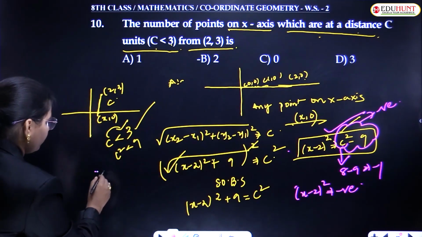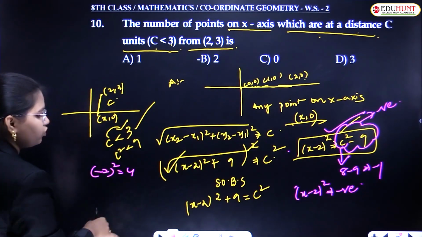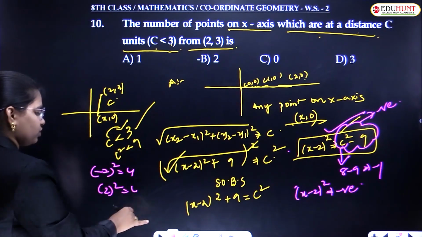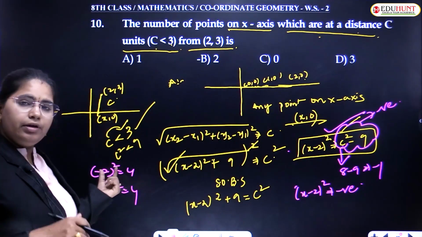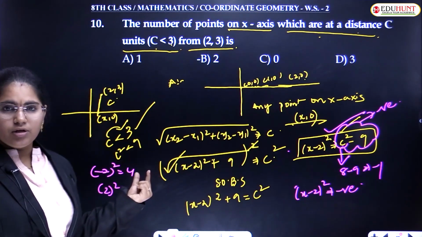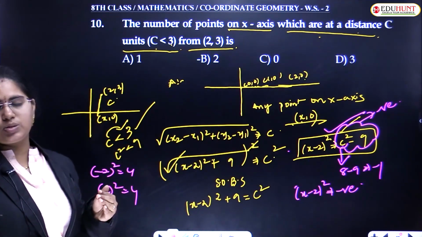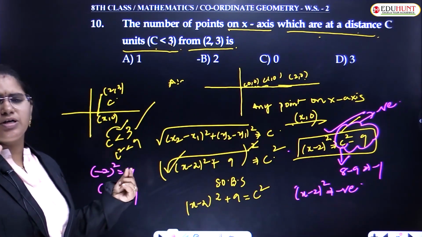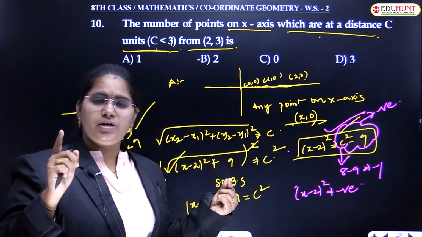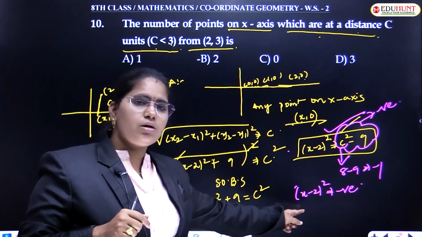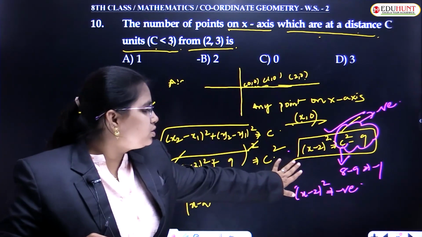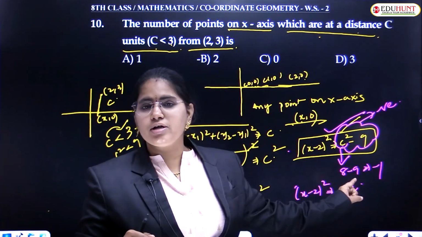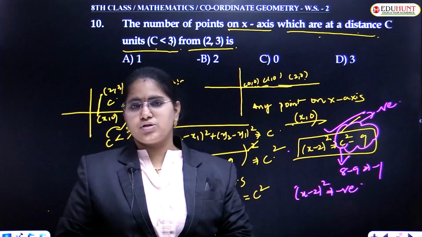So you know minus 2 whole square gives 4, right? Or plus 2 whole square also gives 4. That means whether the base is negative or positive, when you square it, the square function always gives output as positive numbers, but never will you get negative. But here we are getting x minus 2 whole square value equal to some negative number. This is a contradiction to the square function.